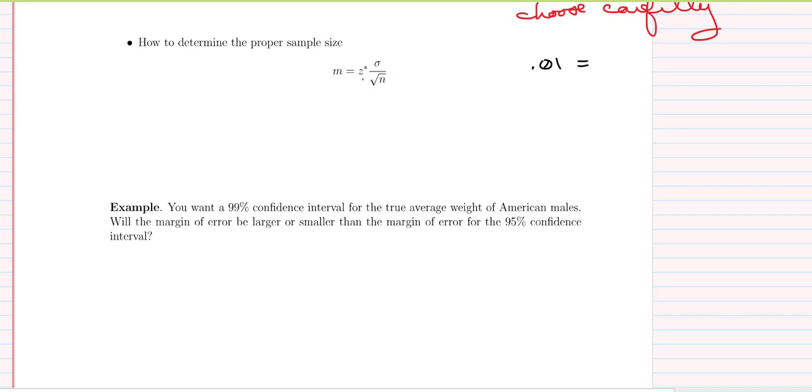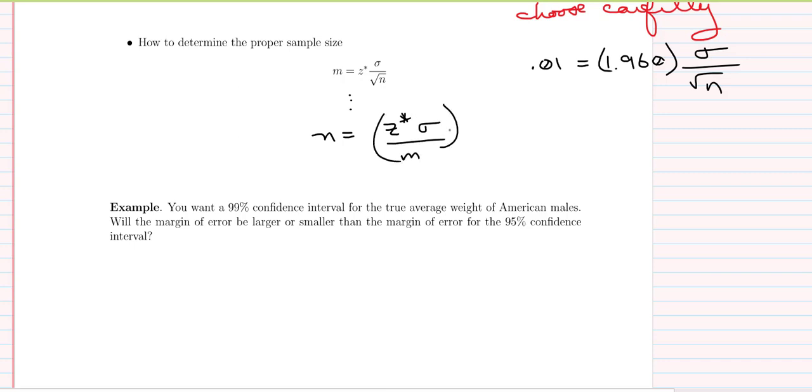Let's say also ahead of time we decided we want our confidence interval to be 95%, which we saw is 1.960. Let's say our sigma is already given to us, and we're trying to solve for n. Let's use our algebra skills and solve for n. You should find that n is equal to z star times sigma over m, squared.